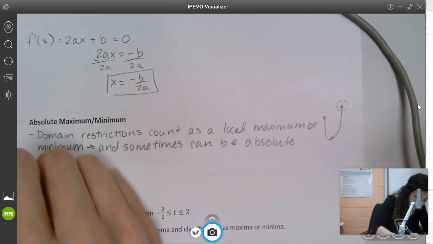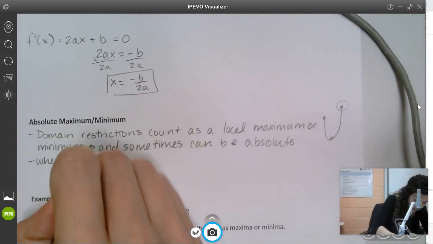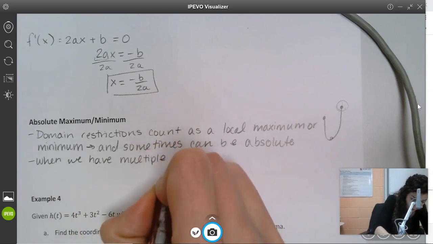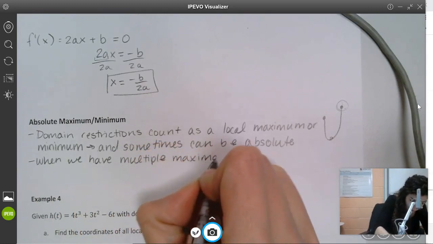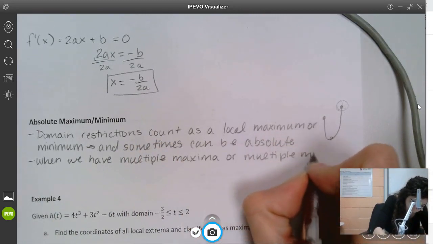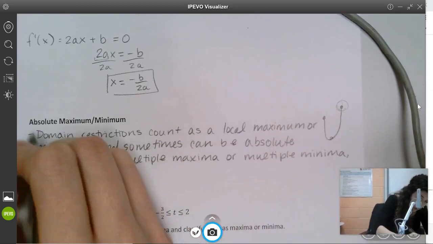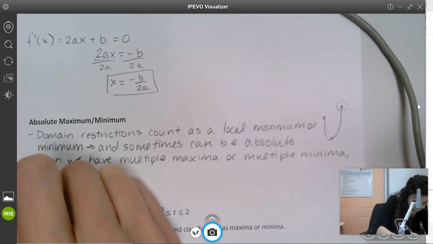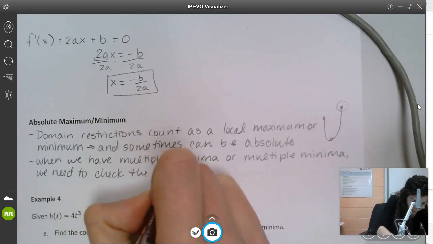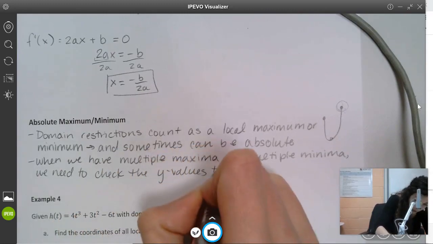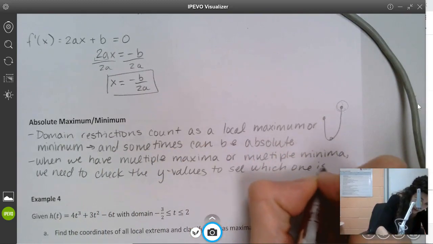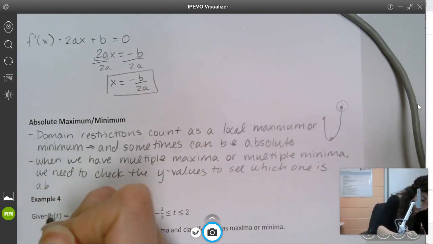When we have multiple maxima or multiple minima, we need to check the y values to see which one is absolute.